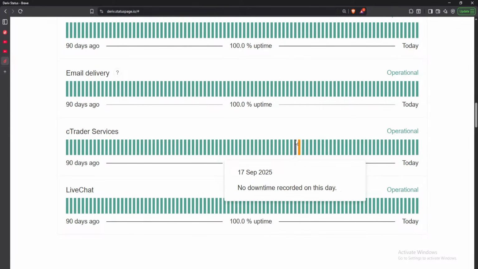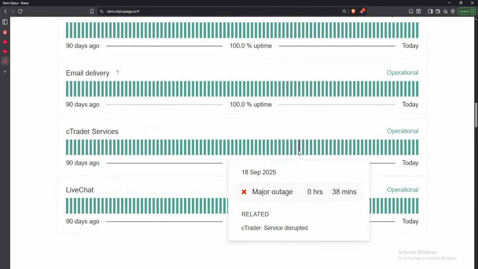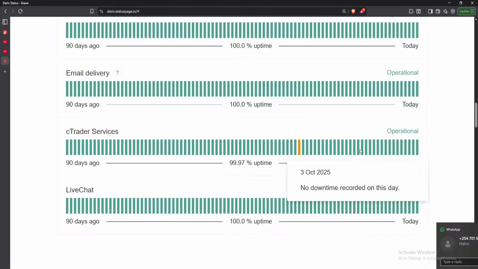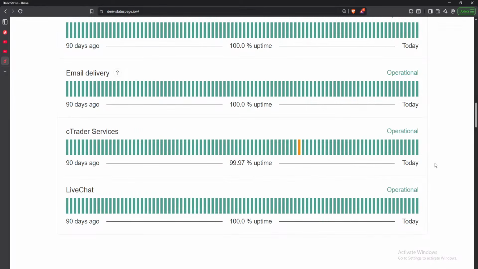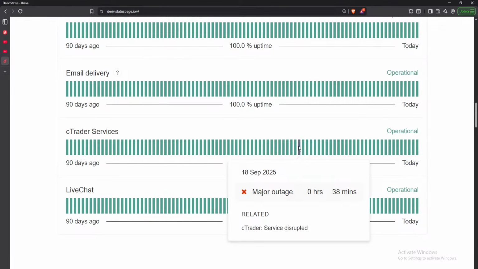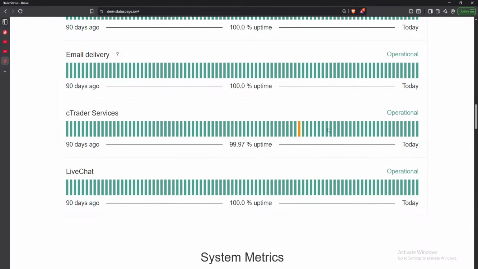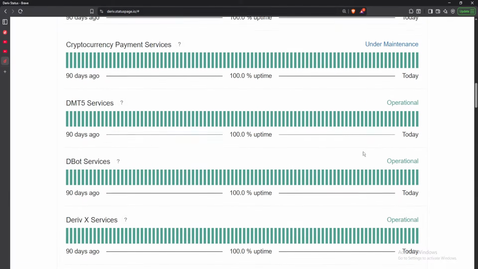So if you are a trader using cTrader at that moment, maybe you could have seen some very funny losses. That is why I'm saying it is very important. Any day you open and you see an orange bar on today, don't trade that day. People who traded on this day on cTrader ended up making a lot of losses because there was a major outage. Basically, ensure all these are operational.